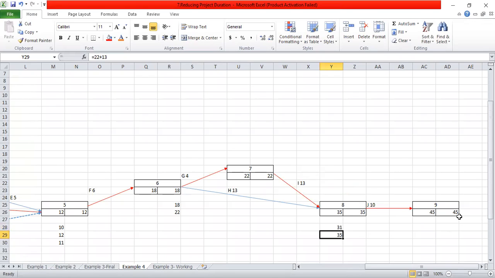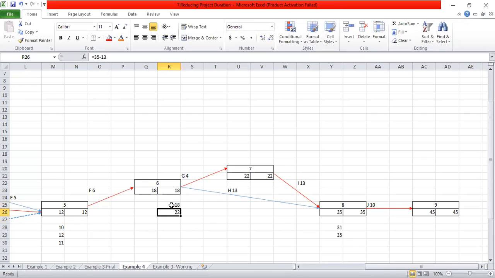So now we do the backward pass. From that 45, you deduct 10, that means 35. From that 35, you deduct 13, that means 22. From 22, you deduct 4, it is 18.